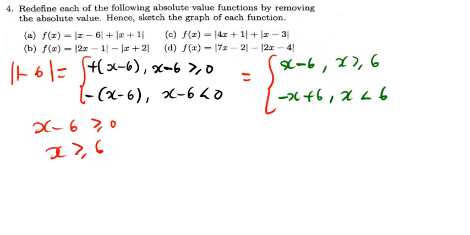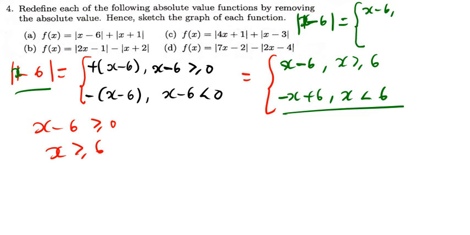So I've redefined x minus 6 to be equal to x minus 6, comma, x is greater than or equal to 6, then negative x plus 6, the condition that x should be less than 6.